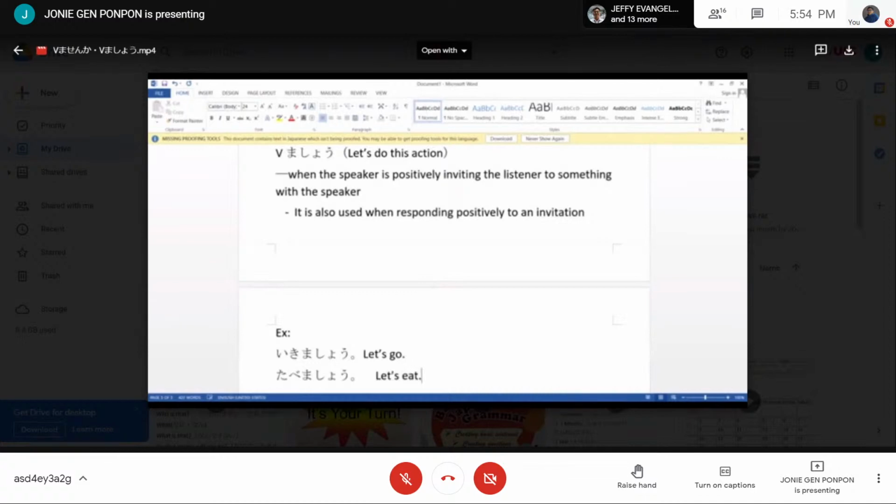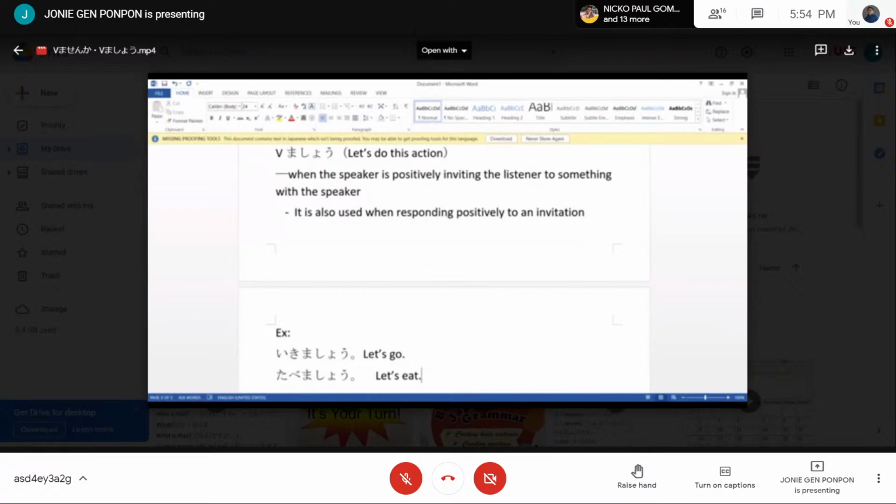Okay, so those are samples for a verb, and then you append the expression masho, meaning let's do this action together. Then you can't refuse, hindi ka na makakatanggi. The two of you will really do it when you use the verb masho.